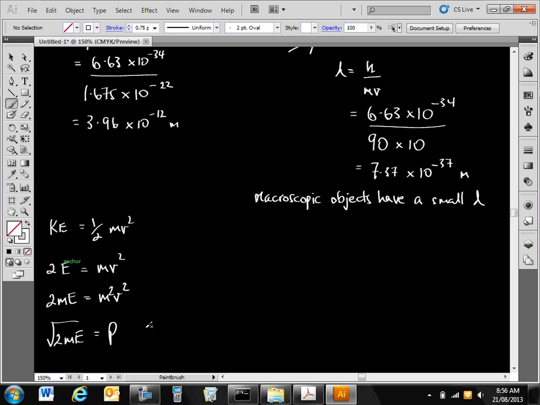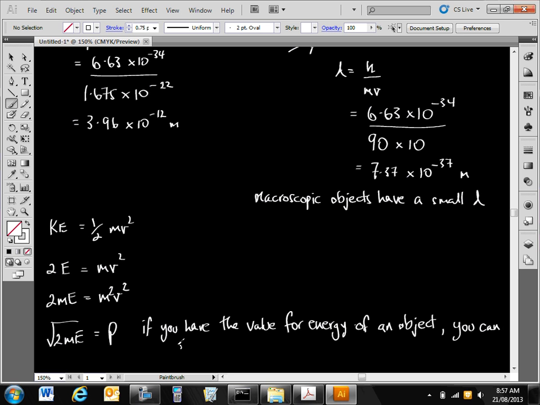From this, if you have the value for energy of an object of matter, you can find its wavelength.